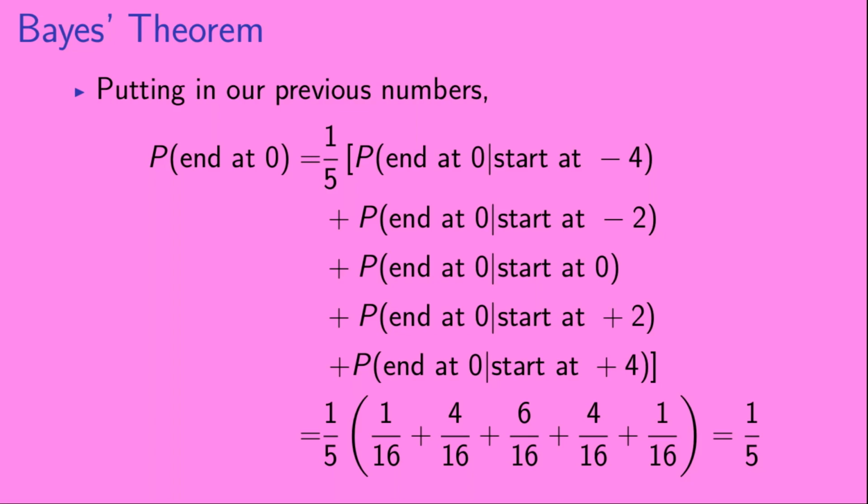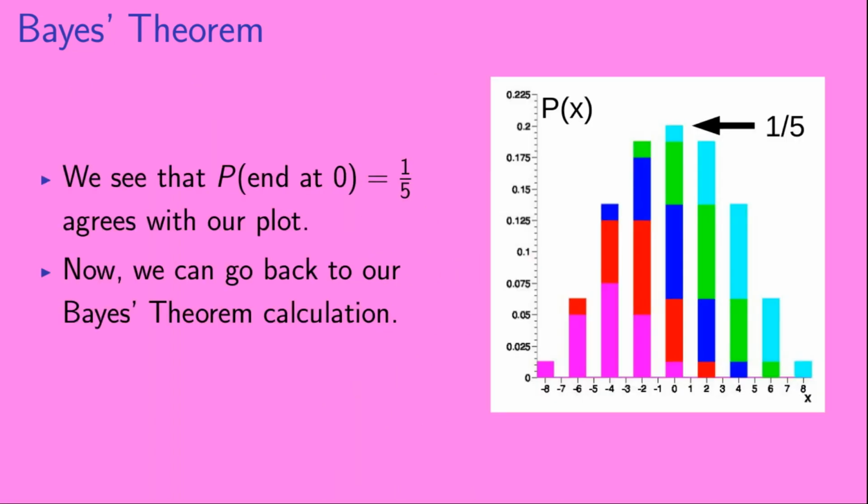And that just equals 1/5. We can see that this result, that the probability for the object to end at 0 equals 1/5, agrees with our plot. Okay, now we can go back to our Bayes theorem calculation.